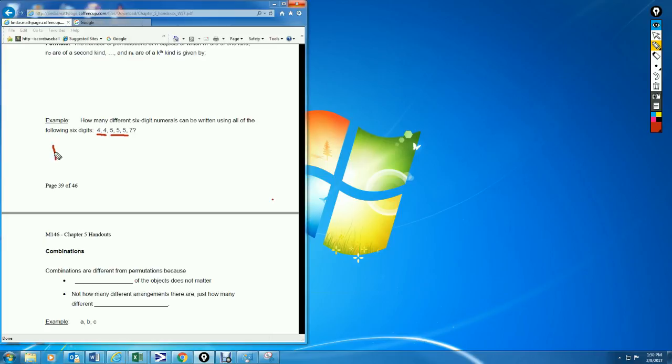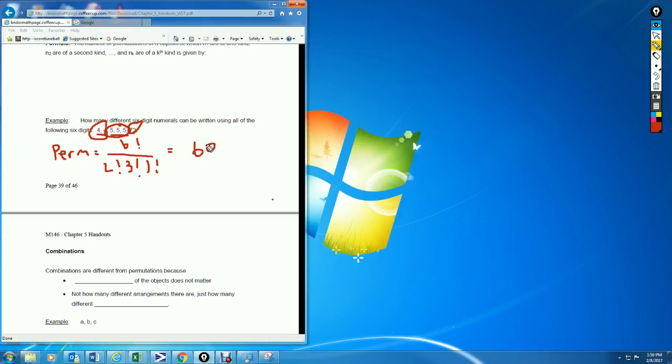So the total number of permutations is going to equal n factorial, which would be 6 factorial, because there's 6 numbers, divided by 2 factorial, because there's 2 4s, 3 factorial, because there's 3 5s, and then 1 factorial, which really we can disregard because that just equals 1, but that refers to the single 7. All right, so this should equal 60.